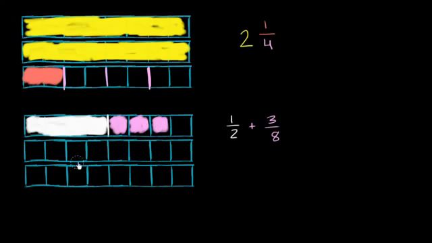And then let's add, plus another 8/8. Now what's 8/8? Well, 8/8 is a whole. I'll do that over here. So that's 1/8, 2/8, 3/8, 4/8, 5/8, 6/8, 7/8, and 8/8.